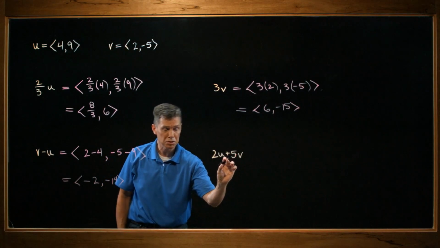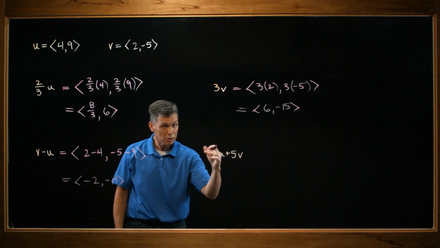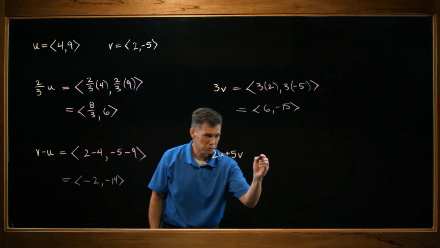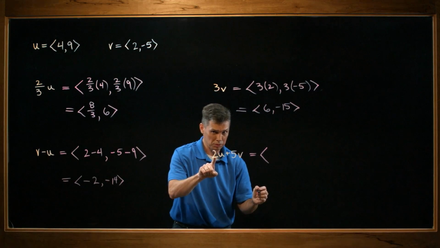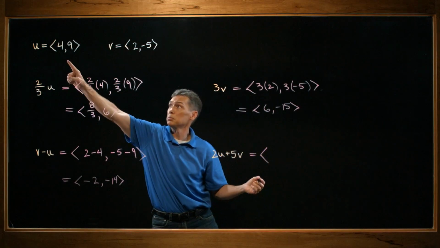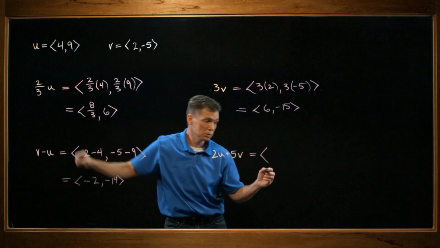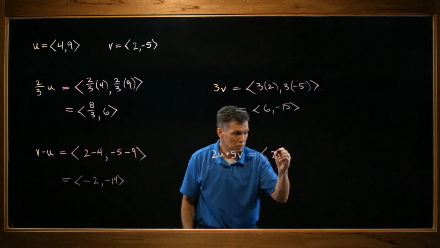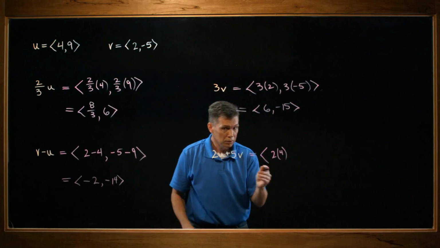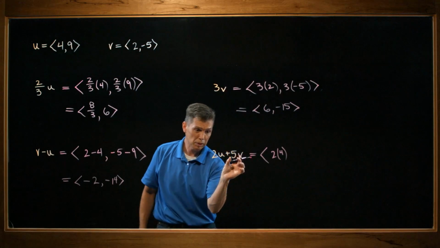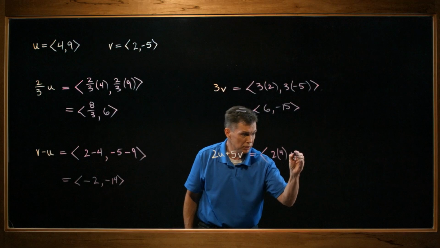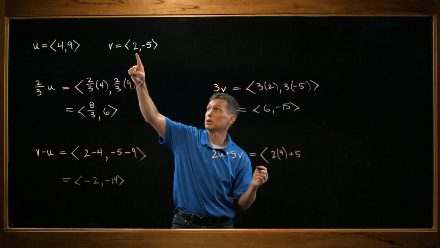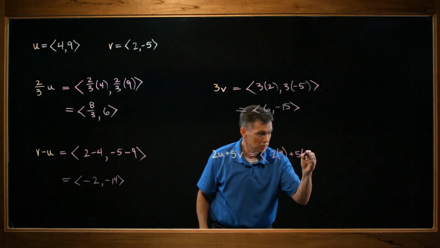And the most involved it looks like it's getting for us is when we have the multipliers in front of vectors and addition or subtraction between vectors. Still, we're thinking component-wise. So I'm looking at this 2 that's in front of the u, it is going to have to multiply the first component of u, so 2 times 4. Still thinking component-wise, though, I have plus 5v, so I need plus 5 times the first component of v, which was the 2.